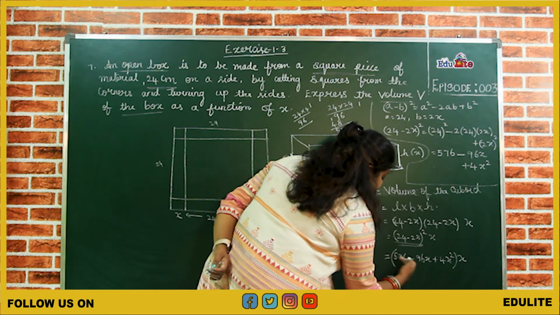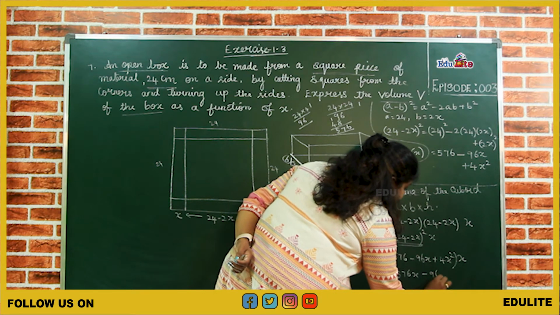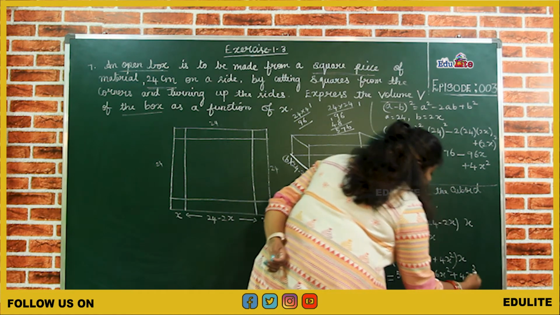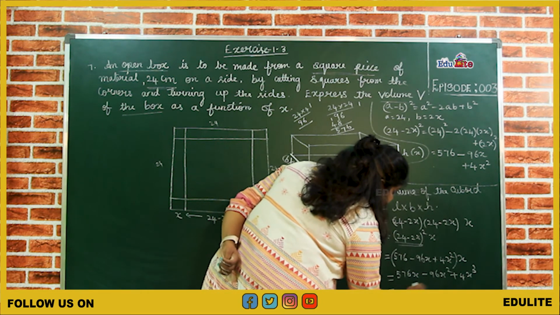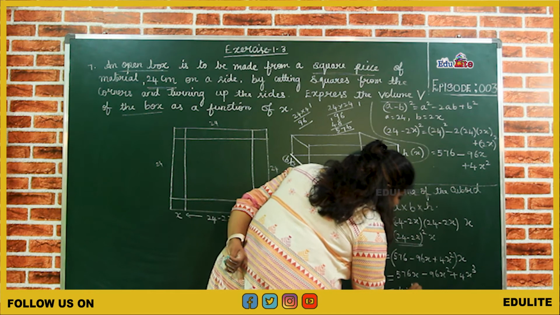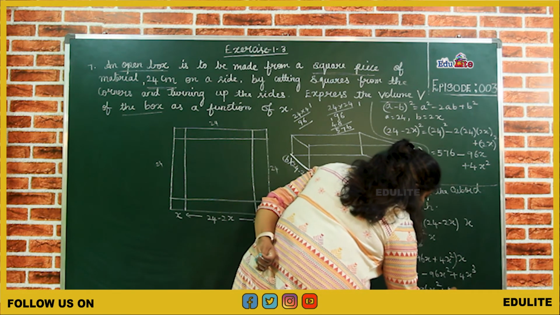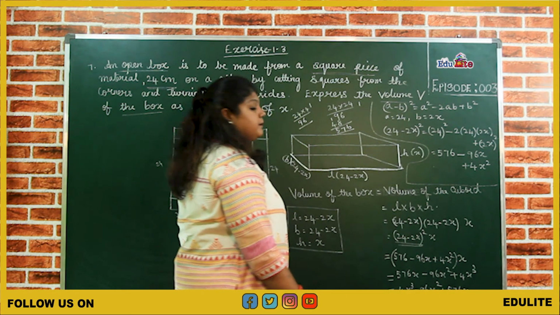We will multiply the x term. 576x minus 96x squared plus 4x cube. Writing it in the order of powers of x, 4x cube minus 96x squared plus 576x. So this is the volume of the box.